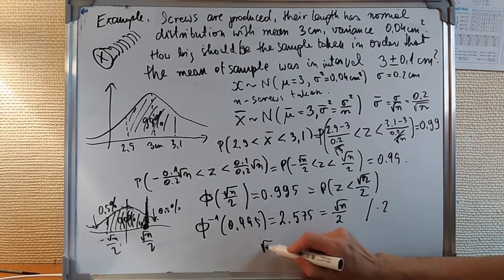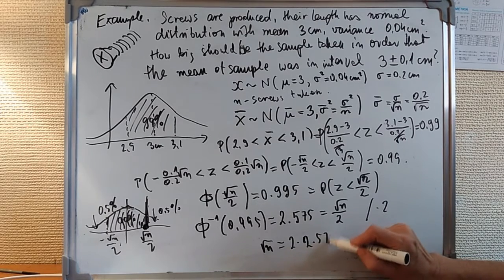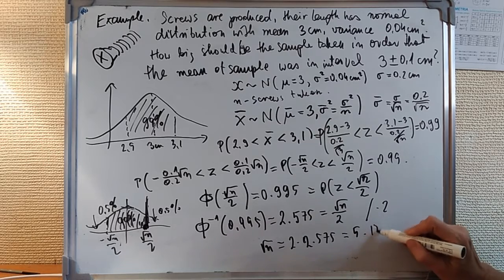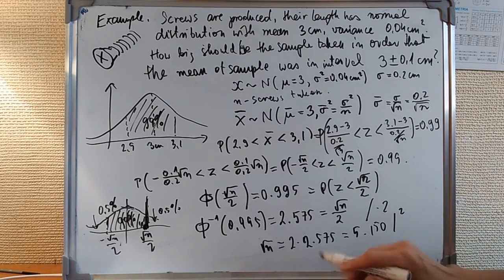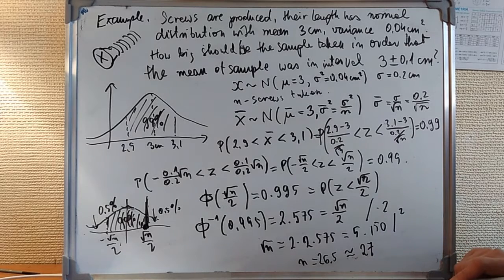We obtain square root of n should be twice 2.575, which is 5.150. So now let's square the two sides, and we have n equal 26.5, but we cannot take 26.5 screws, so we have to take 27.